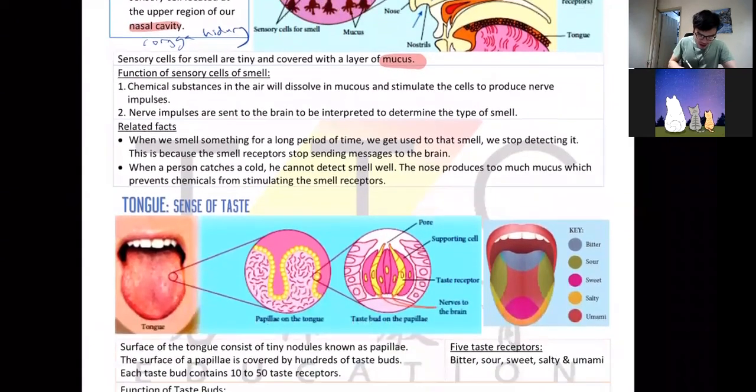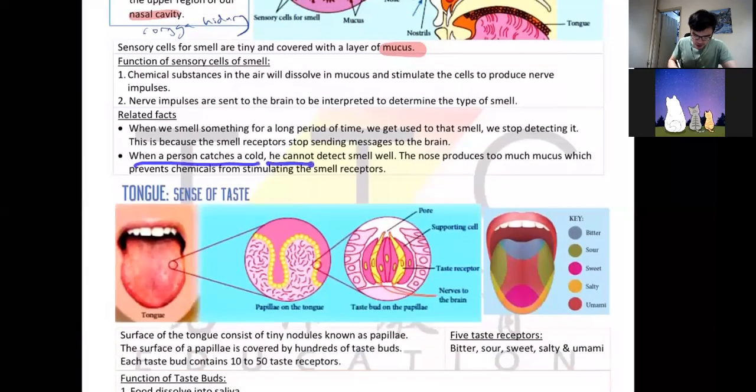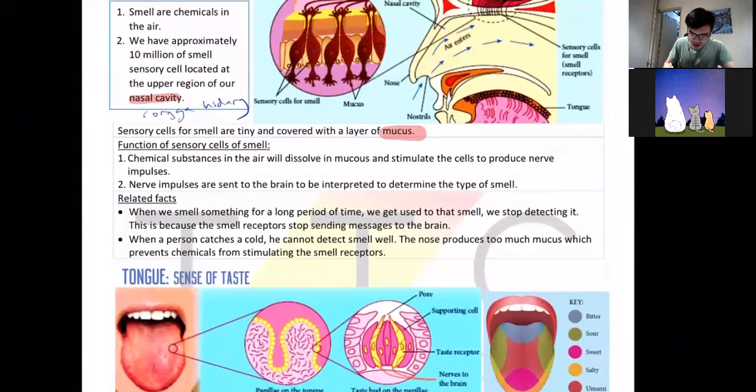Same thing when a person catches a cold, he cannot smell very well. Why? When you have a runny nose, you don't smell things well because there's a mucus traffic jam. Everything here is filled with mucus. Why? Because mucus is also there to protect you. When you have bacteria or virus in your nasal cavity, your body responds by producing a lot of mucus to trap all these bacteria together.